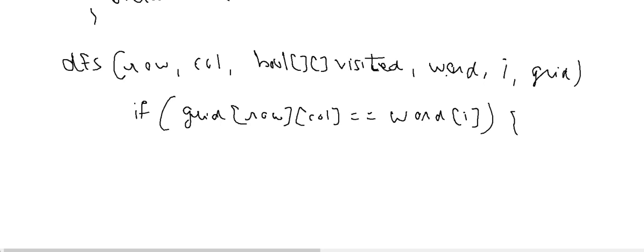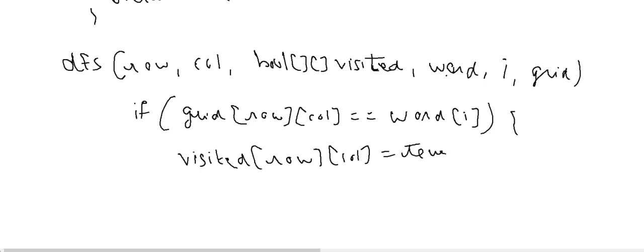So we are going to mark visited of that row and column is equal to true.